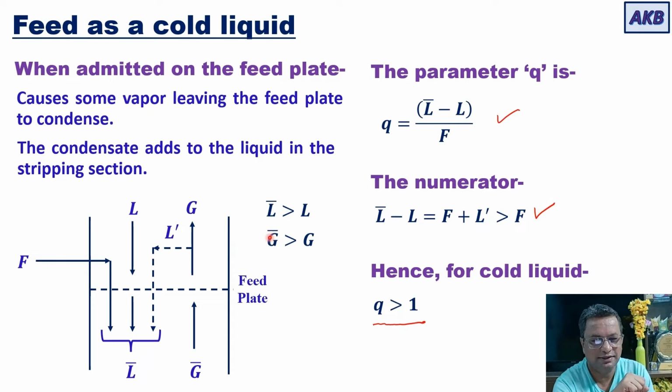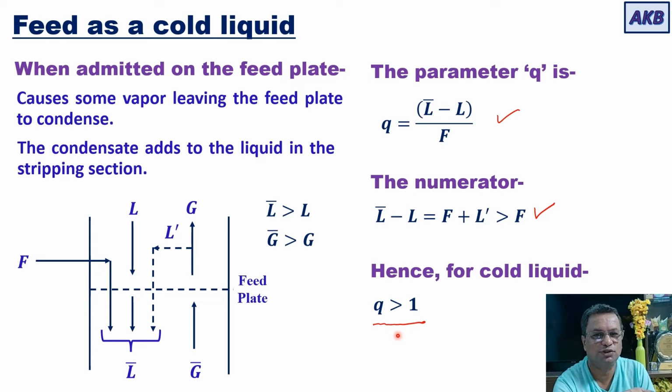And then you can easily show L bar is greater than L. And L bar minus L, which is the numerator in this equation, will be F plus L dash, which is obviously greater than F. That is, numerator is greater than the denominator, and that's why Q will be greater than 1.